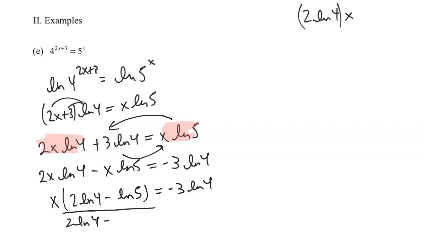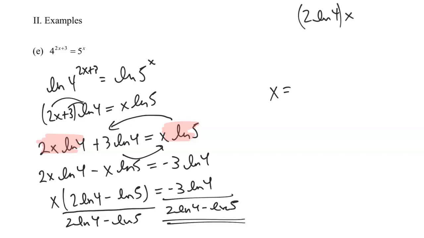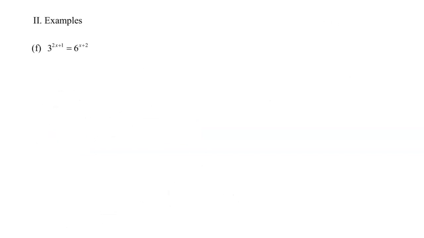So 2 ln of 4 minus ln of 5 gets divided on both sides of the equation. And so now it's just a calculator contest of being able to put this number over here into your calculator. And if you do that correctly, then to 3 decimal places, you ought to get negative 3.576.